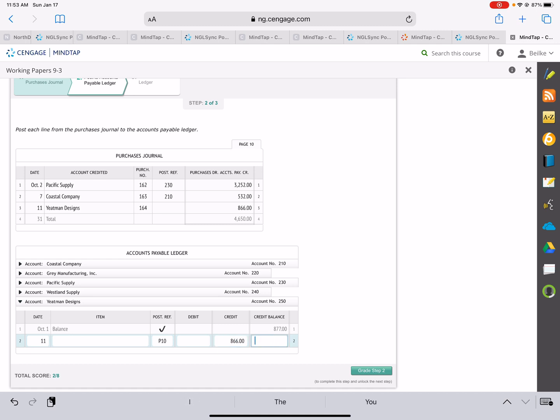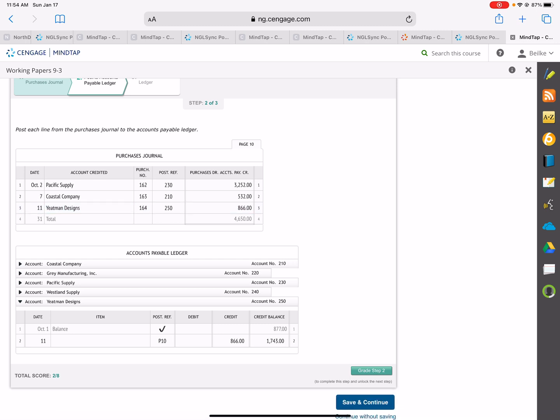We add those two numbers together and we come up with $1,743. Last step is to go back up here and put 250 up there. Again, now we have posted the individual amounts to our accounts payable ledger.